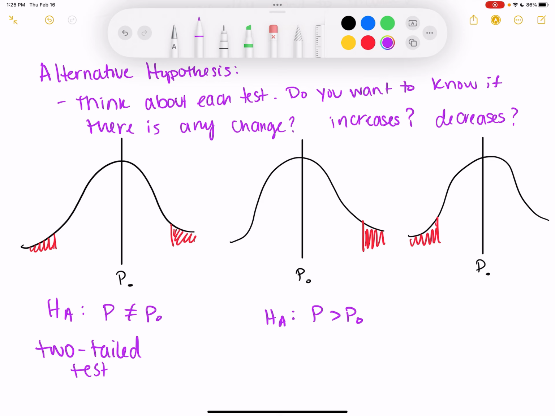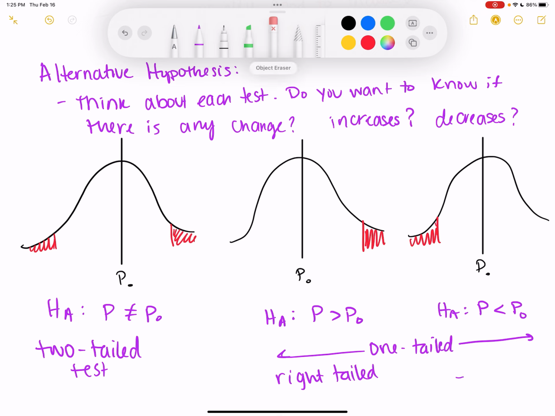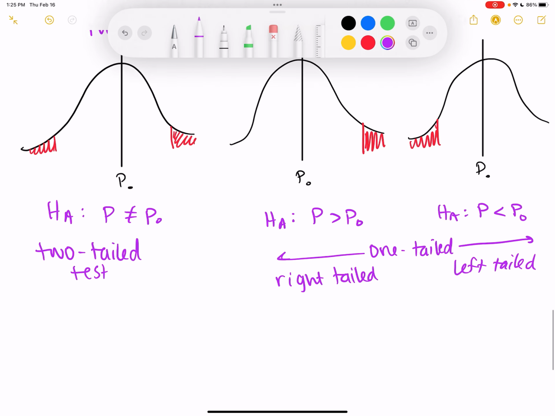Where it's on the left, the alternate is P is less than P0. And so these ones we say are one-tailed or one-sided. But specifically this one was right-tailed. The other one was left-tailed, which is usually how we'll refer to them, because one-tailed doesn't tell you which side.